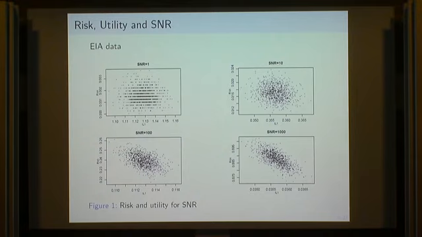Then if we increase the signal to noise ratio to 10, this is going up. This increased a little bit. But in theory, the relation should be something like this.